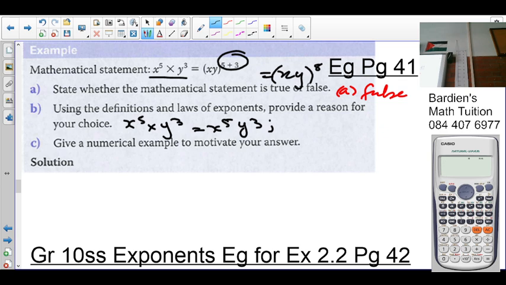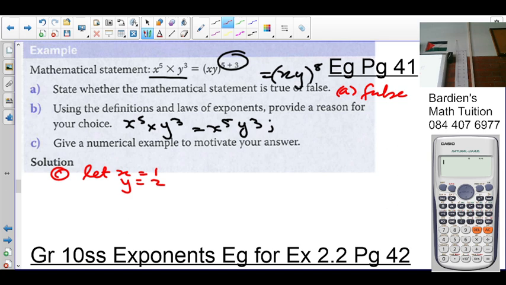Give a numerical example to motivate your answer. What does numerical mean? Using numbers, to substantiate your answer. So let's say x equals 1 and y is equal to 2.